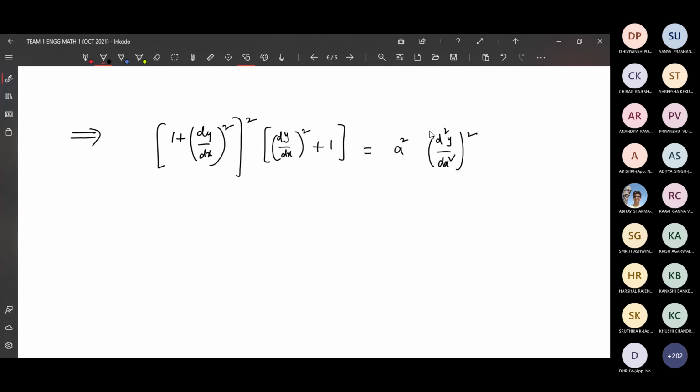So this means these terms are both the same, only power 2 and power 1 here, that is the meaning. So together it gives you 1 plus dy by dx whole square whole cube, equal to a square times d square y by dx square whole square.